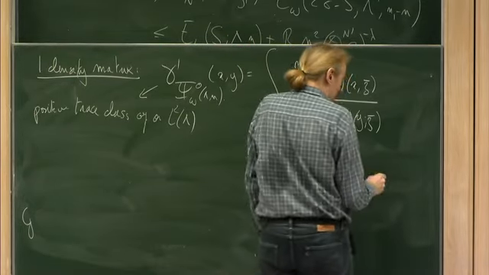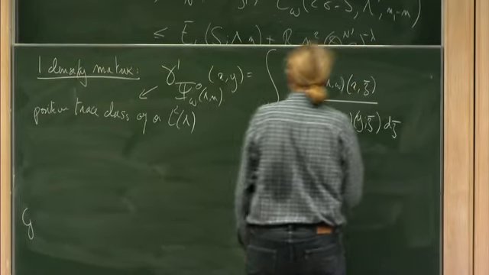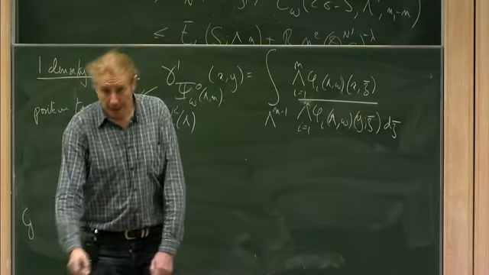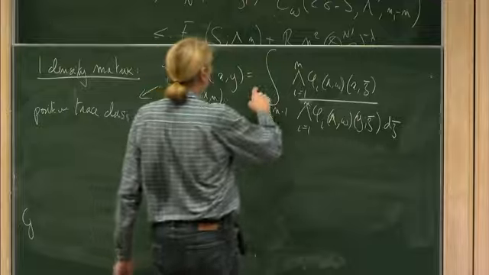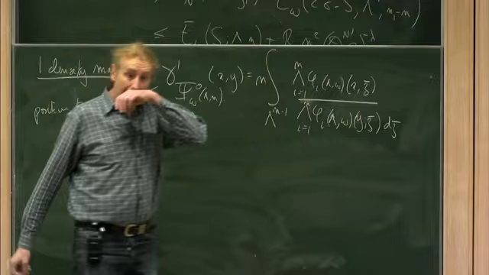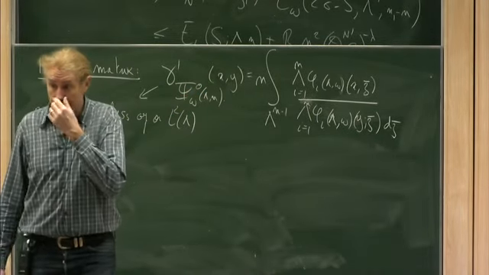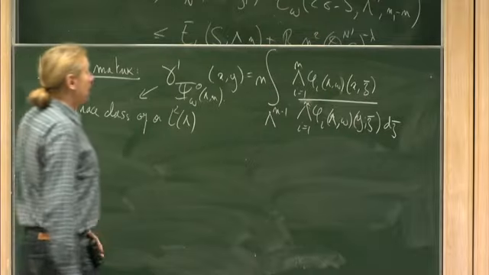Here you take the complex conjugate, dz̄, and this is over Λ to the n minus 1. And I have to normalize this: I multiply by n. Why do I multiply by n? Because I want the trace of this operator to be equal to the number of particles.